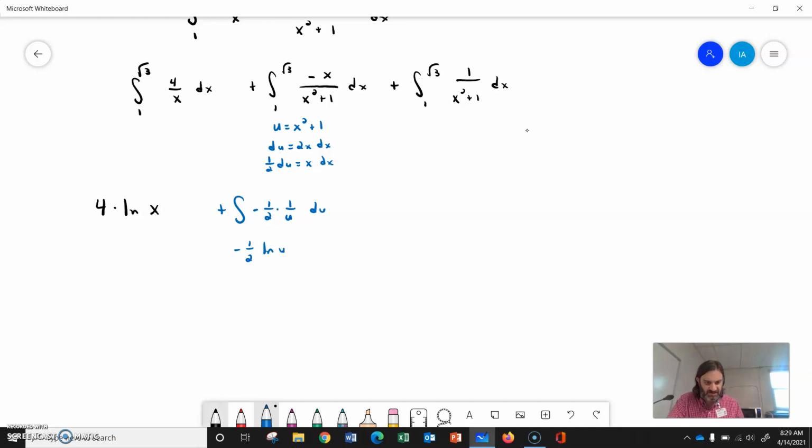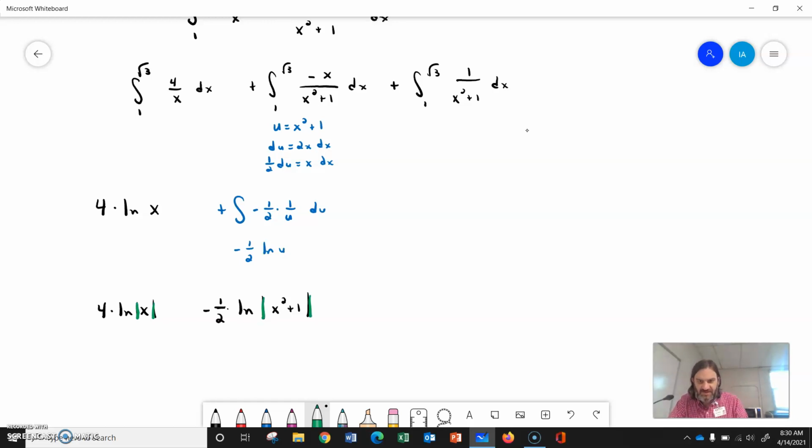So in the end, that part becomes, well, not plus, but minus 1/2 natural log of x squared plus 1. Okay, and let me just go ahead and bring down my 4 times natural log of x, if it helps. And let's make those bars a different color, just to make them stand out and not think they're numbered.